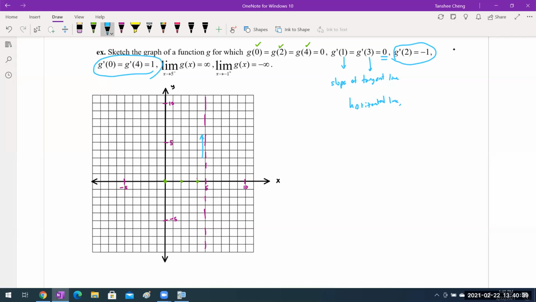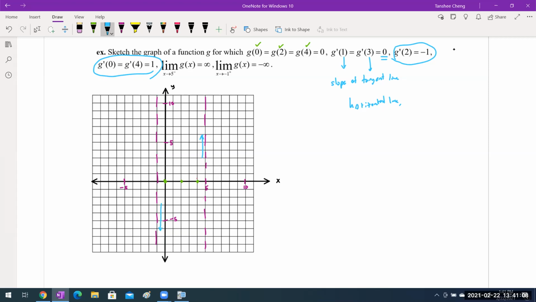And then the next one, as x approaches -1 from the right-hand side of the function, is negative infinity. So at -1 is the vertical asymptote, and approaching from the right side it goes to negative infinity. So the graph's going to be going down like this.